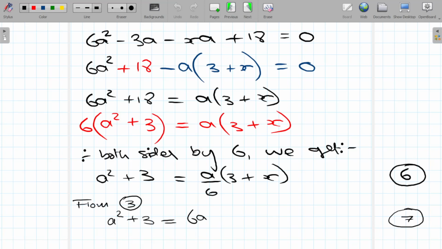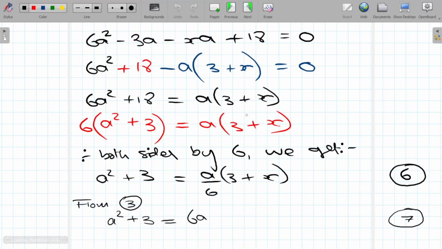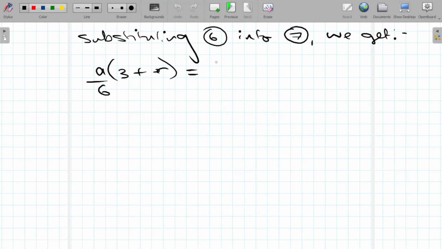So we get a times, in brackets, 3 plus x, all divided by 6, equals 6a. I think we'll call that equation 8.